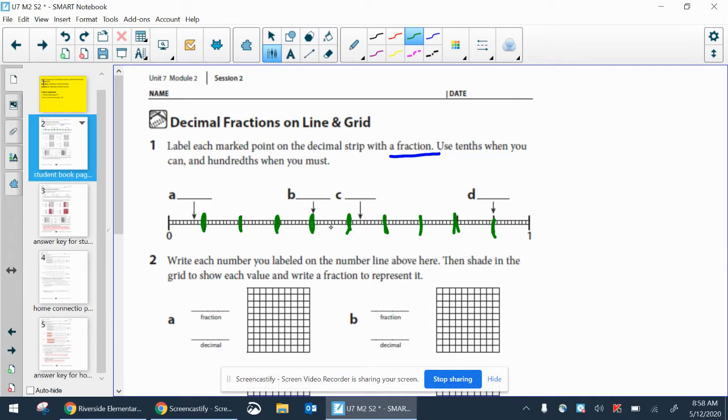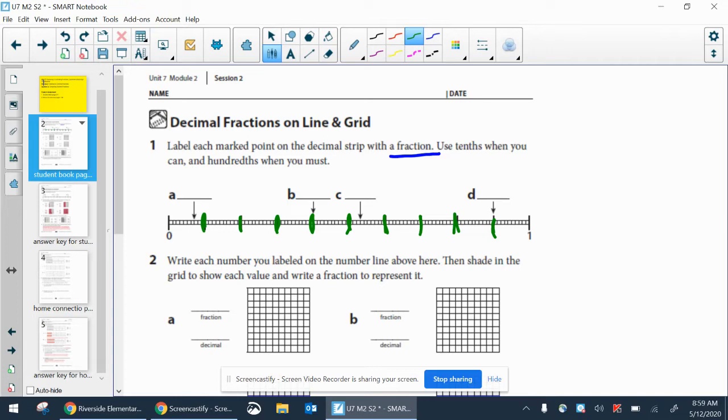So those little tiny ones are showing us that this fraction strip is also divided up into hundredths. So some of our answers will be fractions with 10 as our denominator, and some of our answers will be fractions with 100 as our denominator.